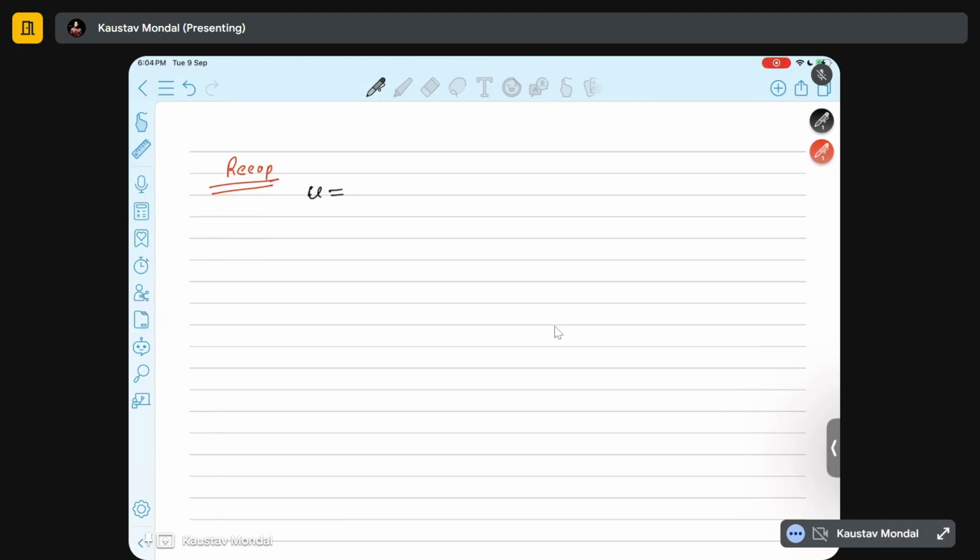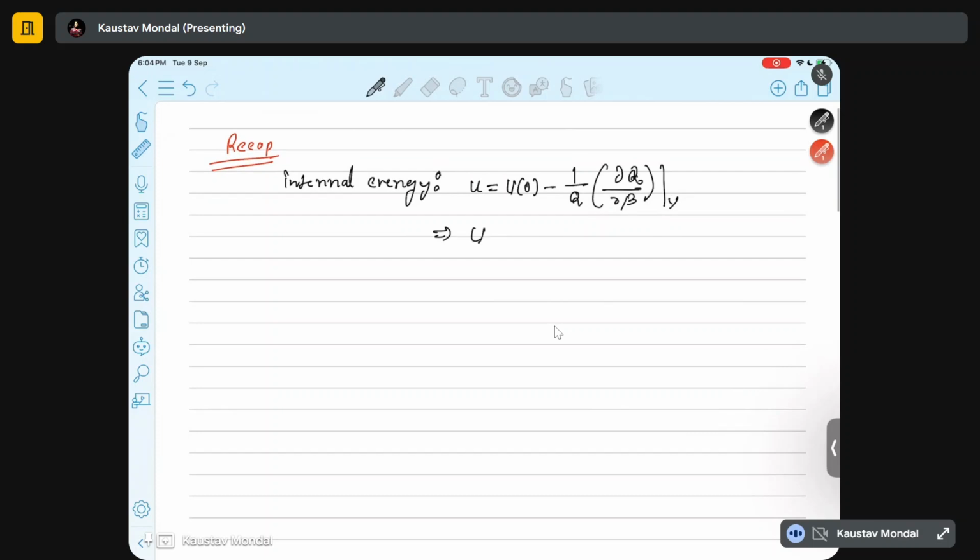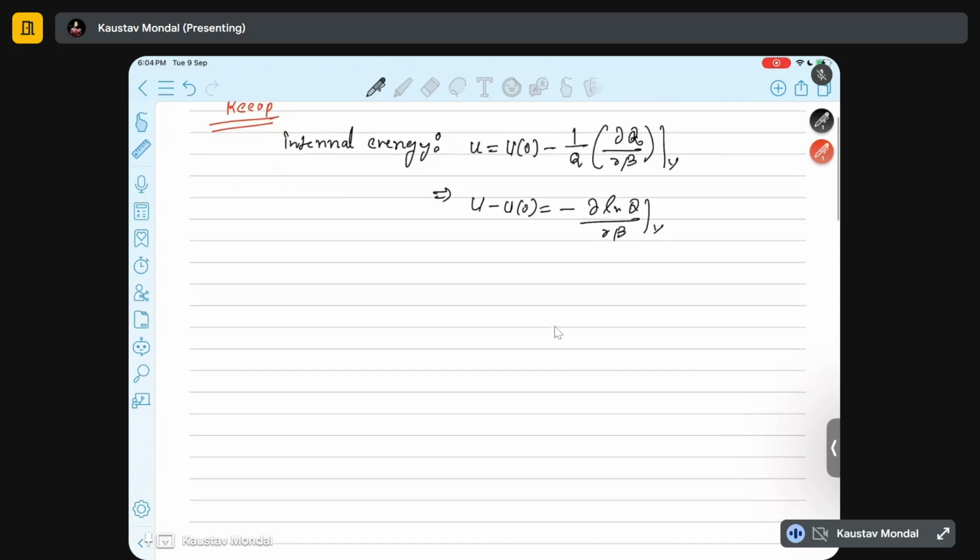It looks like this: internal energy U equal to U0 minus 1 by Q del Q del beta at constant volume, or you can write it like this: U minus U0 equal to minus del ln Q by del beta at constant volume. So this is the expression of the internal energy.